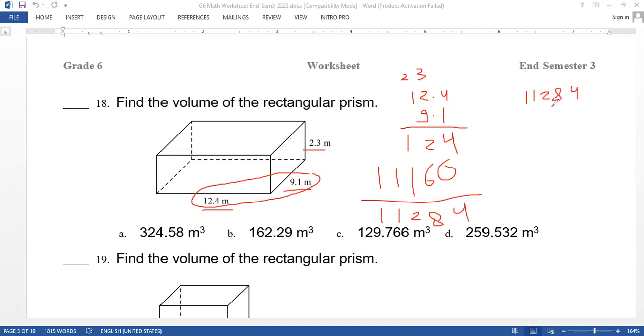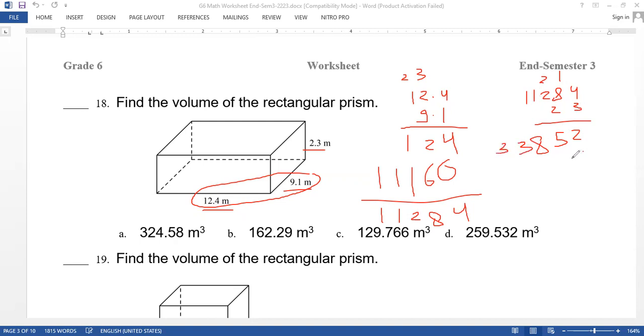by the height, which is 223 or 2.3. 3 times 4, 12. 3 times 8, 24 plus 1, 25. 3 times 2, 6 plus 2, 8. 3 times 1, 3. 3 times 1, 3.